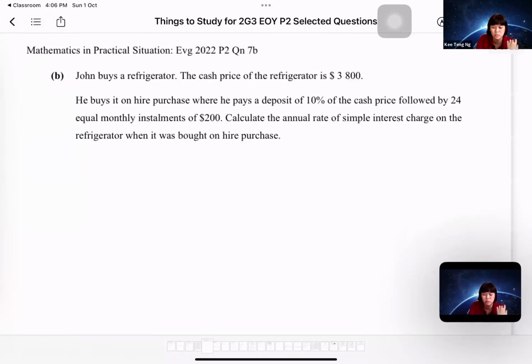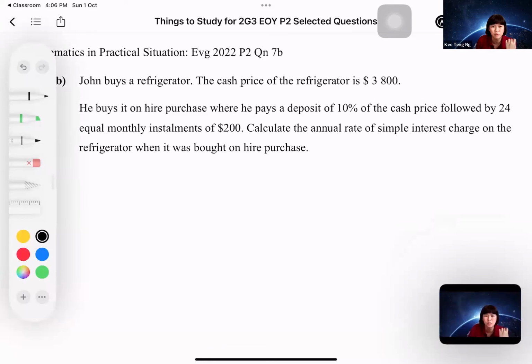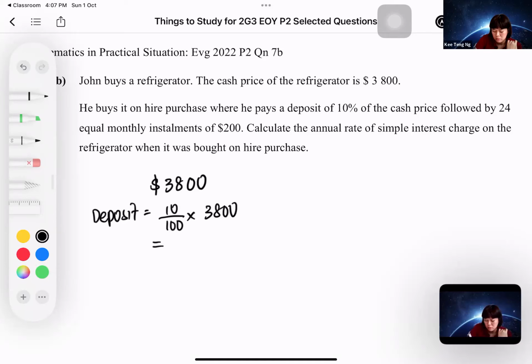So now here I'll do this. For this one, this is a very standard practice question. John buys a refrigerator. The cash price, the original price that you start off with, is $3,800. He buys on hire purchase, where he pays a deposit of 10%, so $380.